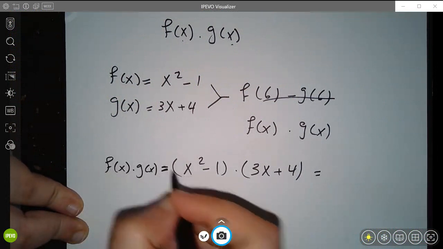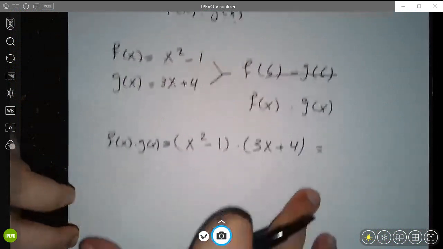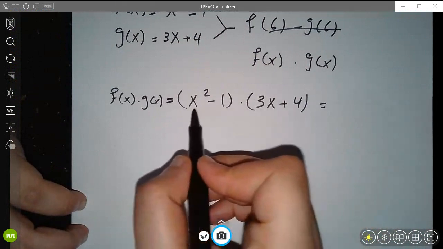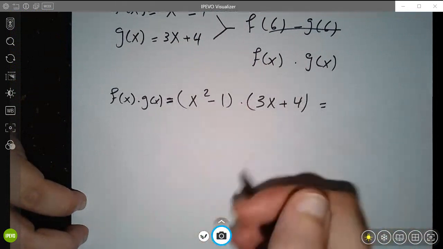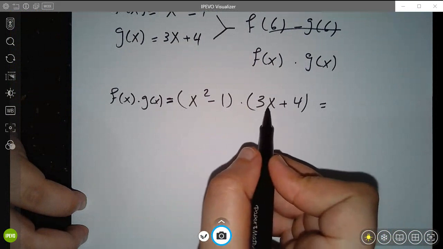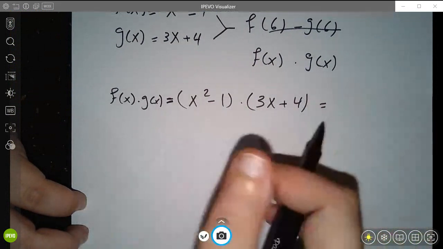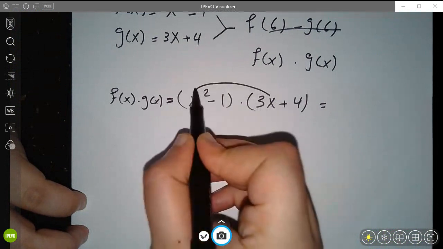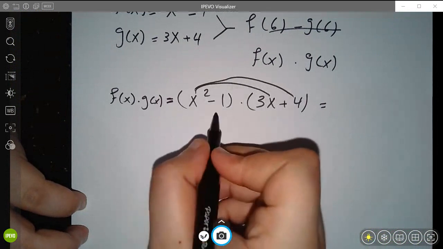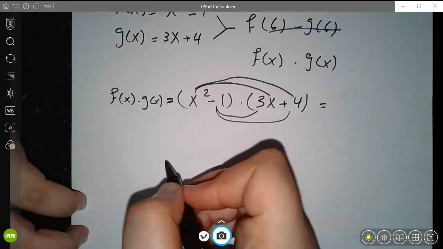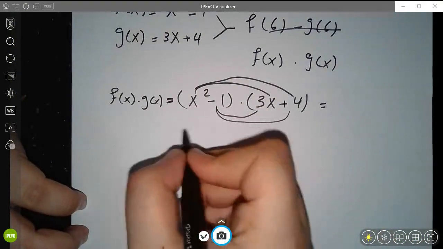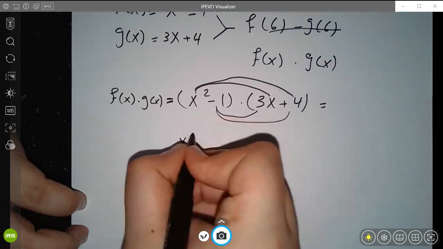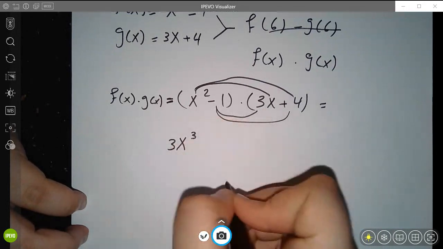So let's see. I'm going to go up a little. Multiplication between these two, you have two terms. I'm going to distribute the multiplication. I can either multiply this one in here or that one in there. It's up to you. I'm just going to go with the one on the left. So we have 1, 2 for the x squared value, and then 1, 2 for the -1 value. x squared times 3x is x cubed, and the 3 goes there.